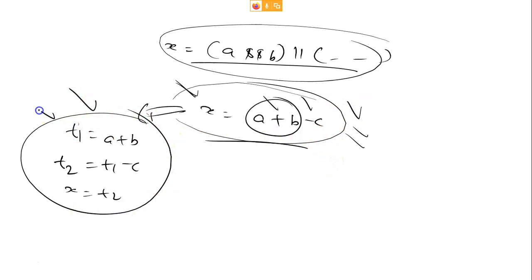You can see this three address code is very unambiguous, very precise.